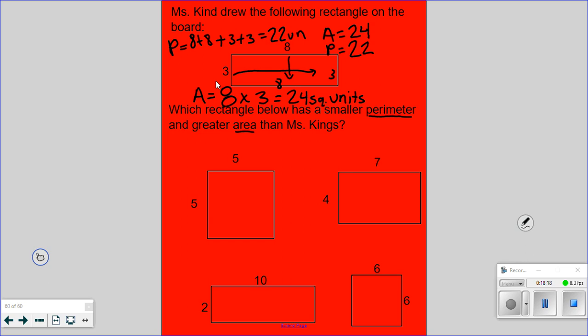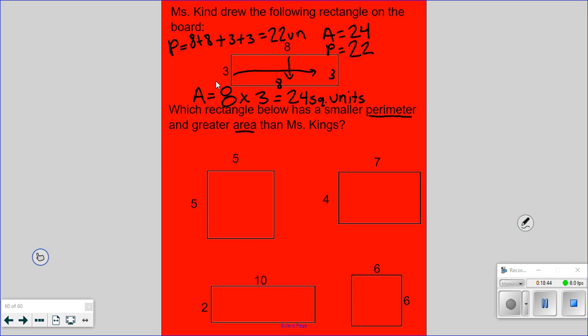I'm going to give you some time, because in order to figure out which one has a smaller perimeter and a greater or bigger area, you're going to need to figure out the area and perimeter for each of those shapes. Even if you think you find it, find the area and perimeter for each of those shapes. Go ahead and get started.